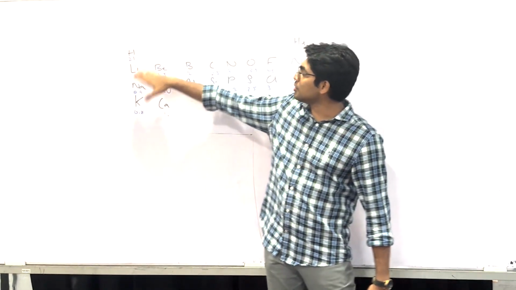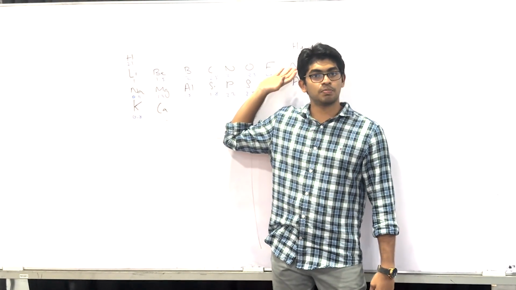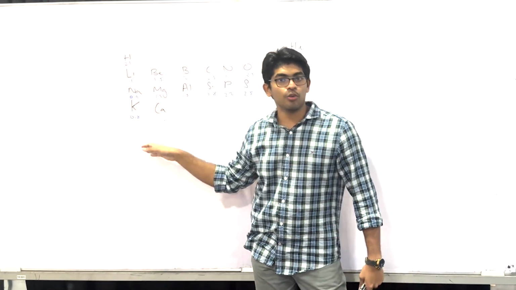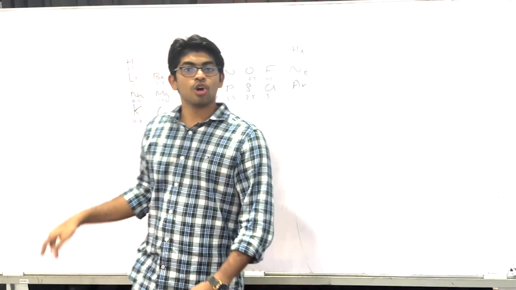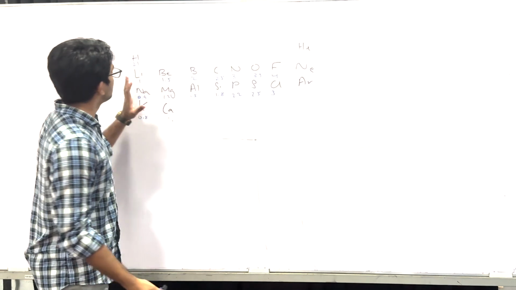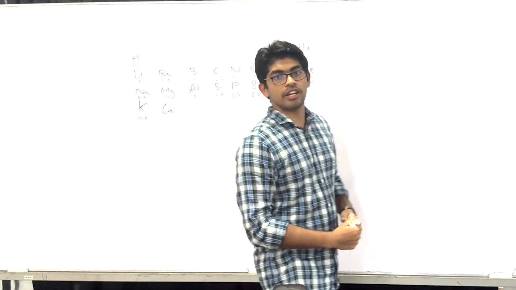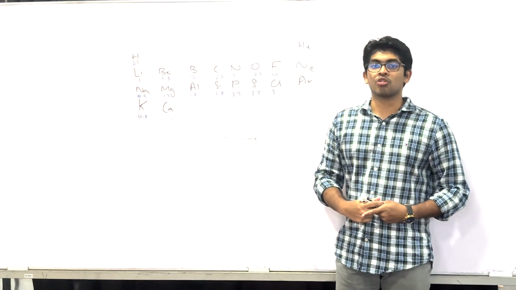Okay, so in the periodic table we call the rows periods, and down the periodic table we call them groups. Now if you look at this, there's a feature called electronegativity.